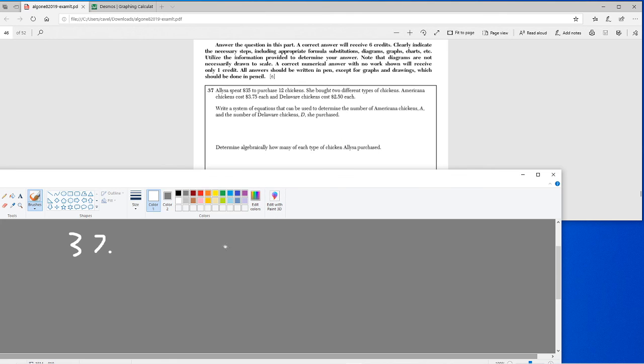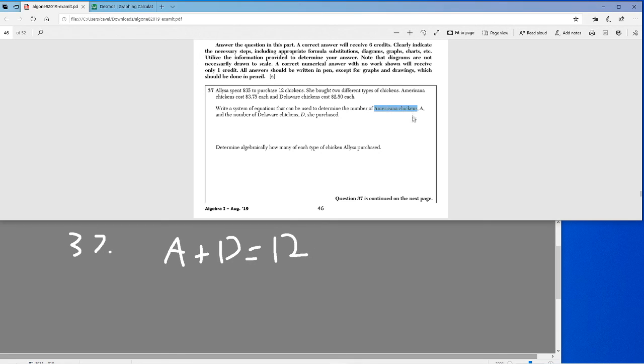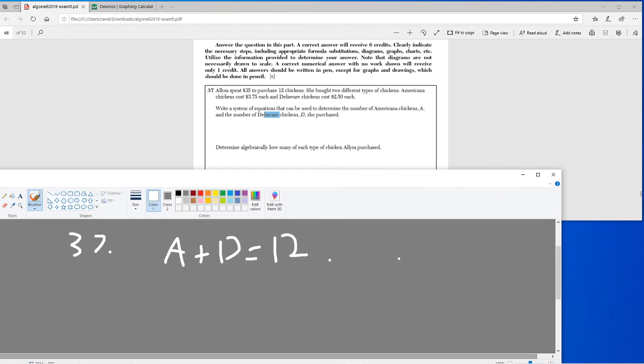So $35 to purchase 12 chickens. Basically, we have A plus D is equal to 12, because the number of American chickens and the number of Delaware chickens added together is 12. What else do we know?